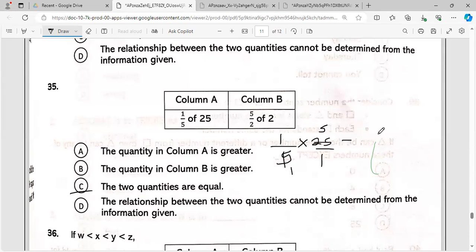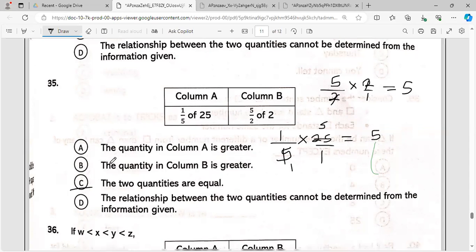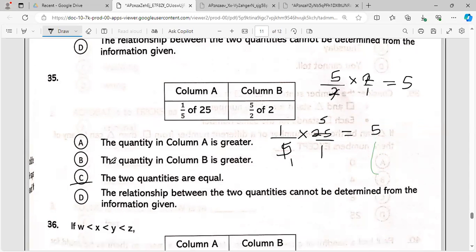Oh, sir, I understand now. For 5/2 of 2, it will be 2 over 1. So you cancel the 2s and you multiply 5 and 1. Very good, guys, very good.